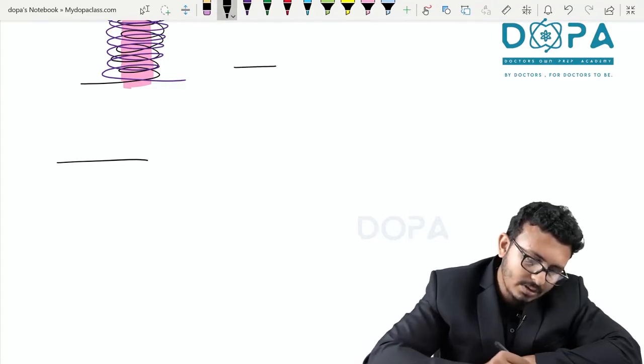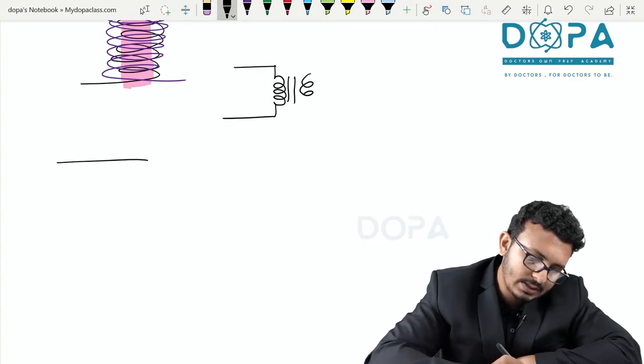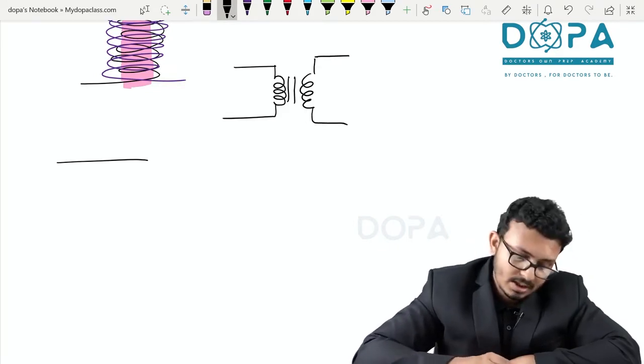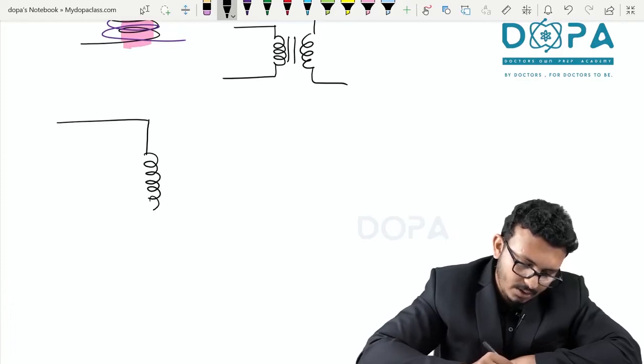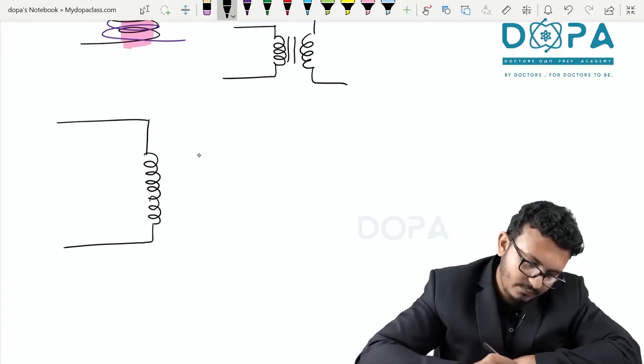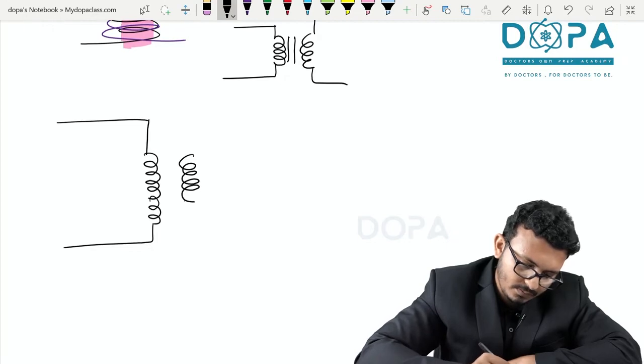In the circuit, the symbol for a transformer is like this: we have two coils and they are coupled together. This is the symbol used in circuits. Anyway, we have two coils, and they are very close to each other.